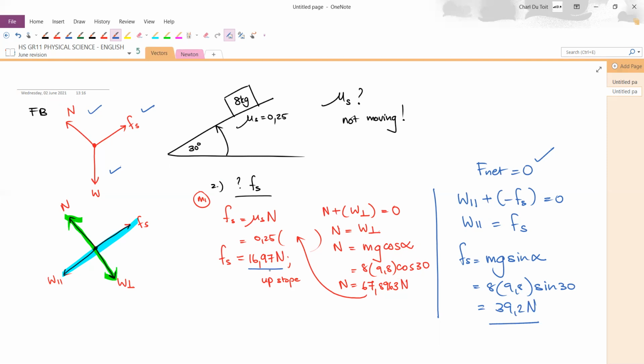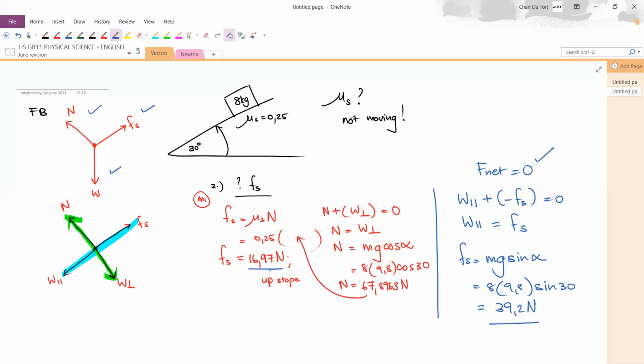Why is the red one wrong? The red line is wrong. Because I guessed that static friction value, to make sure it can work. So remember when the normal force plus the negative weight perpendicular equals 0, right?